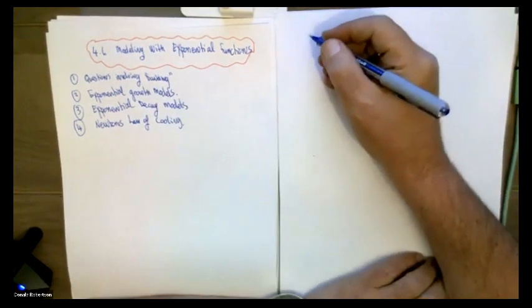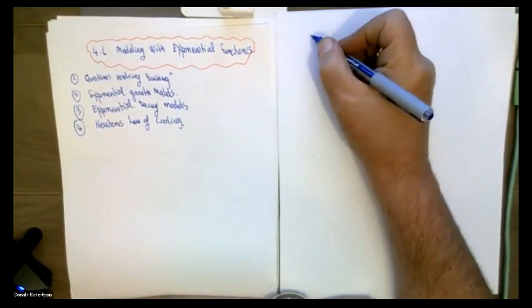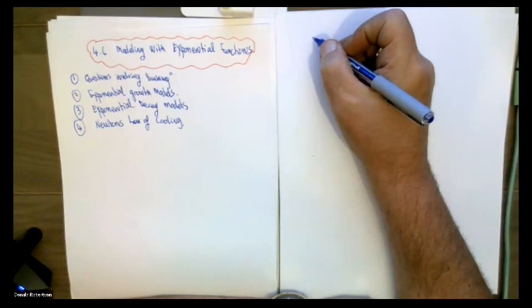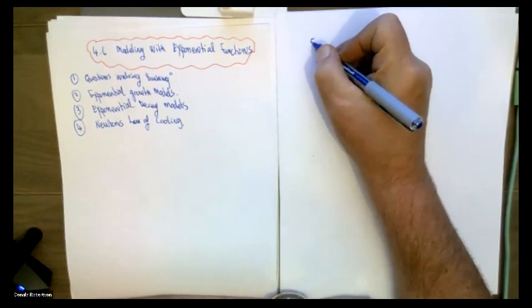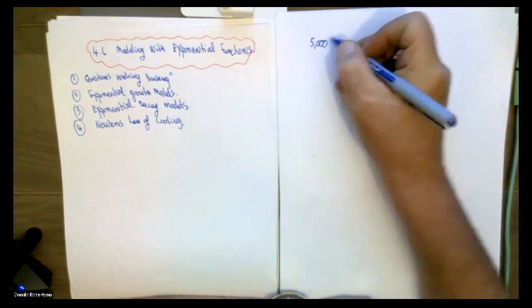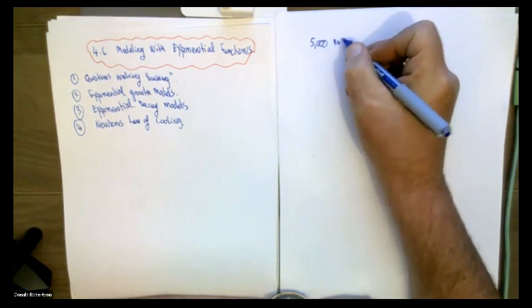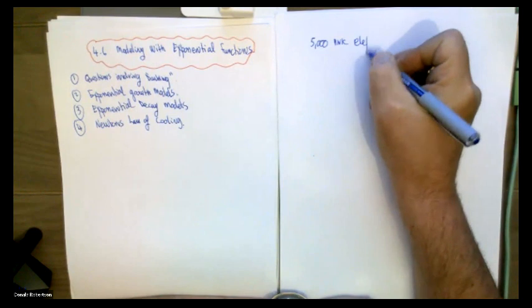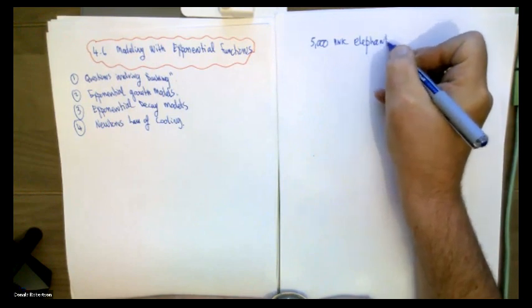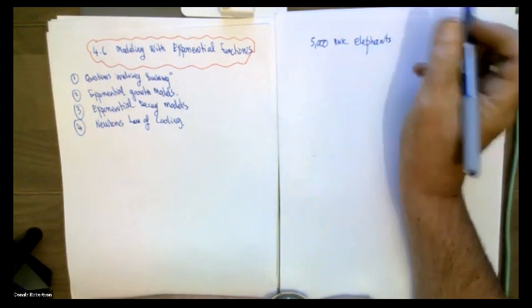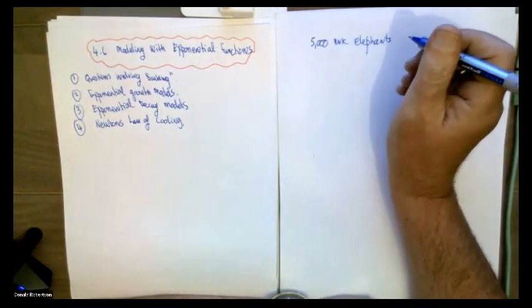So as my first example, let's do a population that's under stress. Let's suppose that there are 5,000 pink elephants. Just being silly today. You didn't know that. They're very rare, pink elephants.